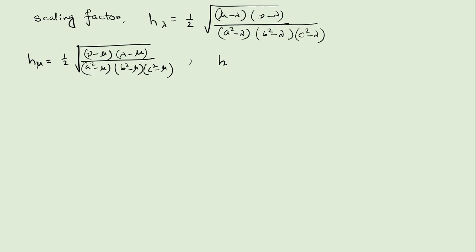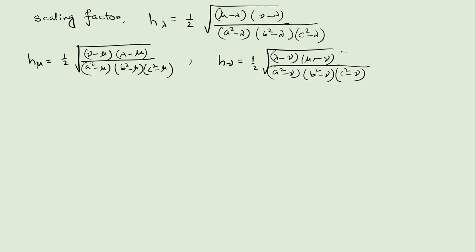Similarly, h nu will be half root under lambda minus nu and mu minus nu, divided by a square minus nu, b square minus nu, and c square minus nu. This will be the scaling factor.